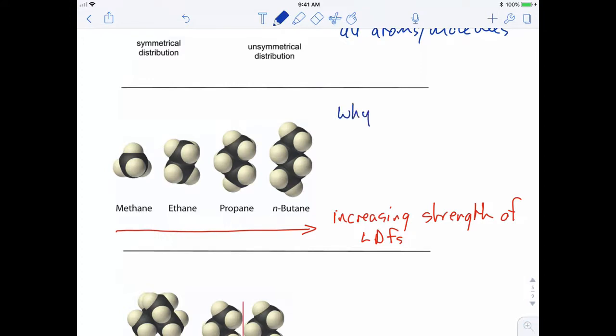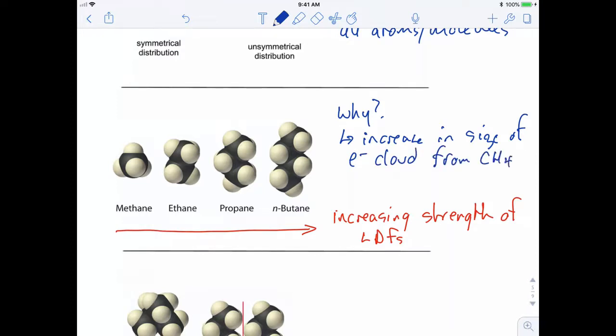Well, the reason is each subsequent molecule from left to right has a larger electron cloud, which gives a greater chance of polarizing that electron cloud. If there's a greater chance of polarizing it, it will polarize more, and you will establish more and stronger London dispersion forces. They're still very weak, but you just get more of them as you get more electrons being present.